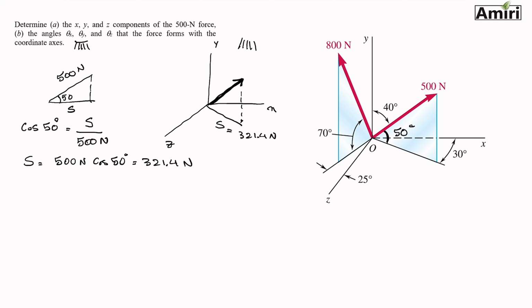All right. Now I've got to look at the xz plane, so I'm going to redraw it here a little bit. I'm looking at it again perpendicular. This is the S that I just found, which I said is 321.4 newtons. It makes an angle of 30 degrees here. As a result, 60 degrees here. All right.